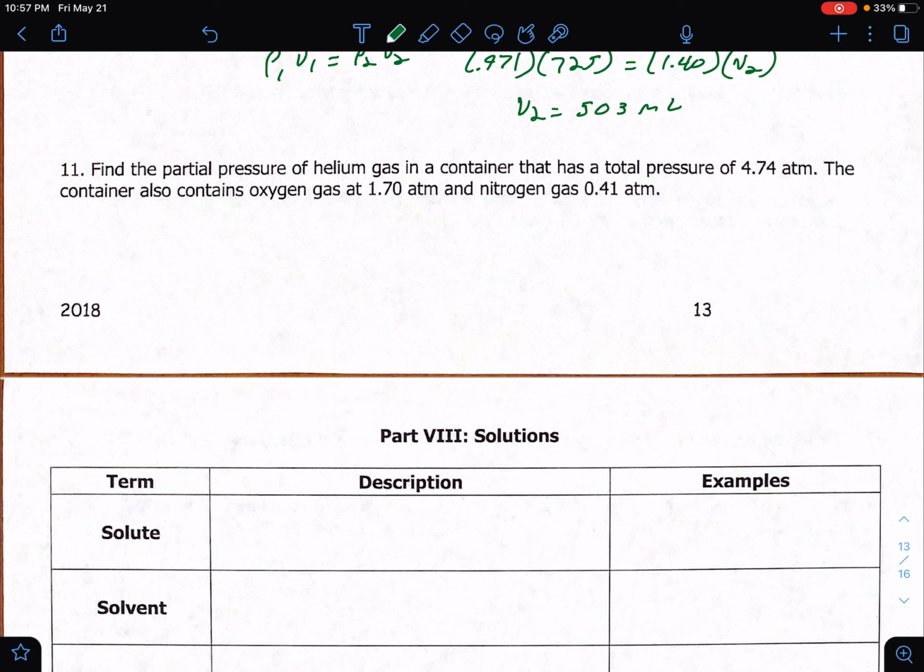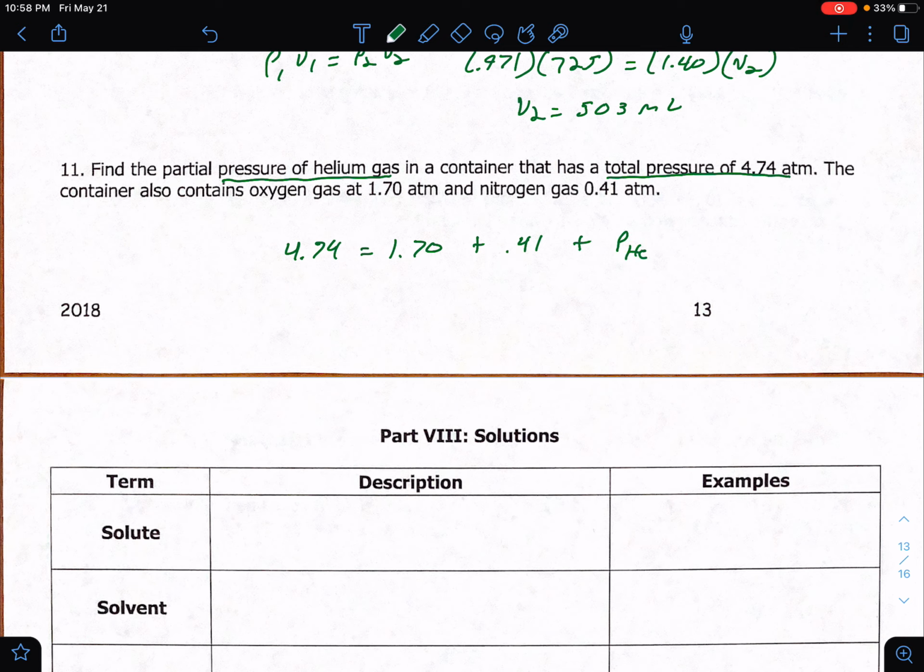11, find the partial pressure of the helium gas in a container that has a total pressure of 4.74 atmospheres. So I know my total pressure, and I'm looking for the partial pressure of helium, and it also contains 1.70 atmospheres of oxygen and 0.41 atmospheres of nitrogen. So my P total is 4.74, and that's made of 1.70 atmospheres of oxygen, 0.41 atmospheres of nitrogen, and whatever the pressure of helium is.